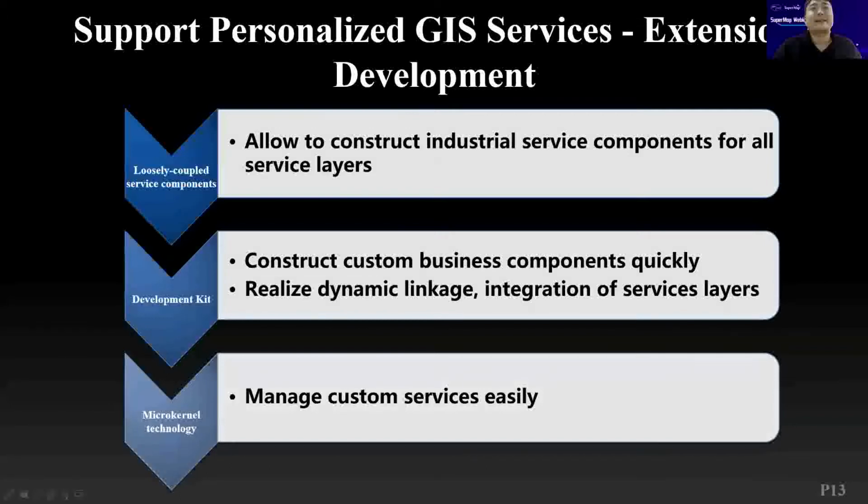Okay, now we go to the third one, which is the product packages. Here I just list different types of products. On the official website, like the download page of iServer, the product packages have four types.